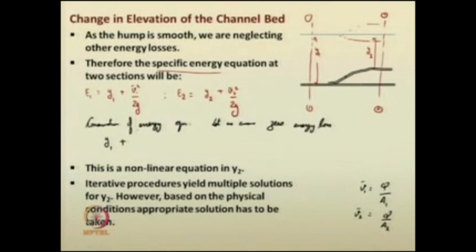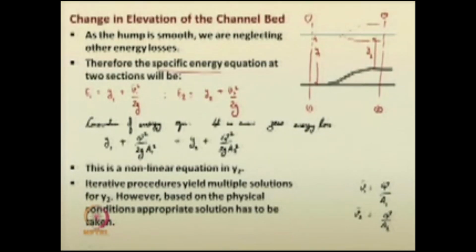So, we can write the same thing now: y1 plus Q squared by 2g A1 squared is equal to y2 plus Q squared by 2g A2 squared. Again, considering there is 0 energy loss, this equation will be satisfied if you incorporate this particular height delta z. So, this is the conservation of energy equation.